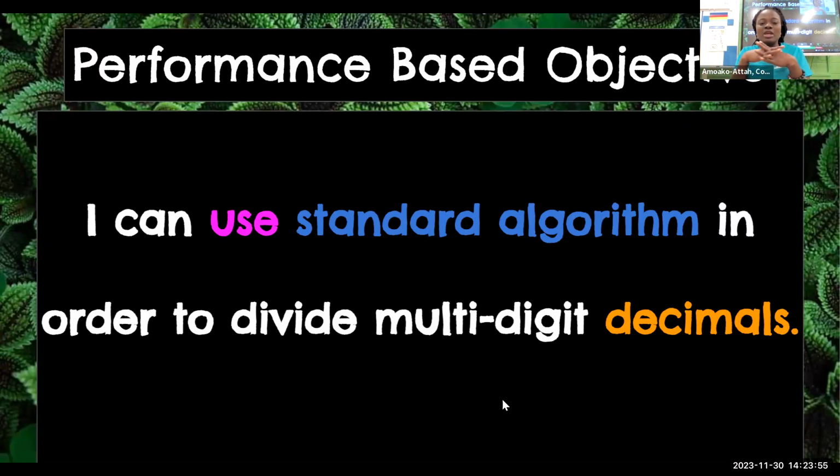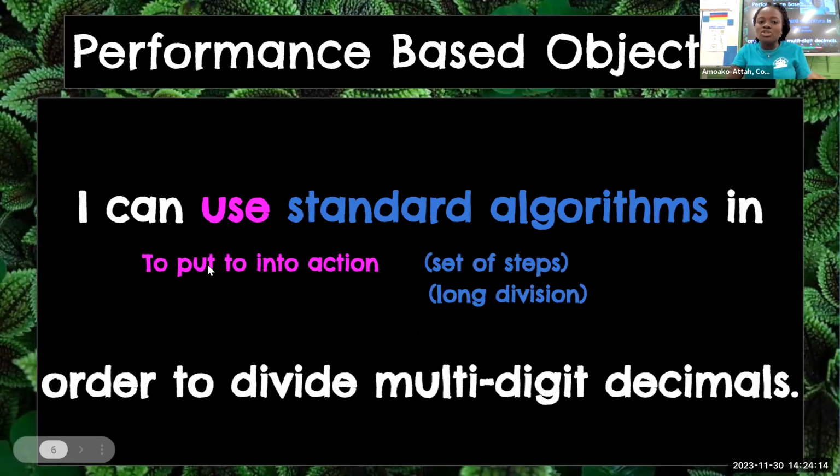So we are going to look at the keywords in this I can statement: use, and also standard algorithm. What does it mean? Also multi-digit. What does it also mean? So let's see what these vocabularies mean. Right, so when you say use, it means to put into action.